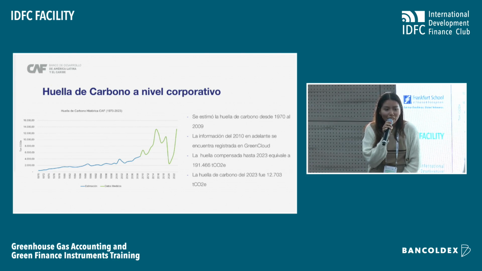Some numbers: we have been offsetting since 2023 around 191,000 tons, and last year's emissions were around 12,000 tons of CO2.